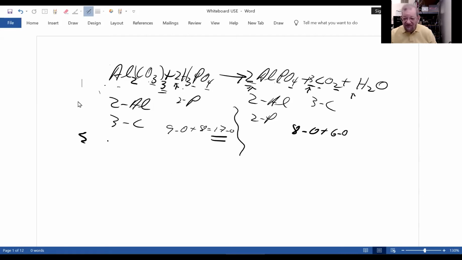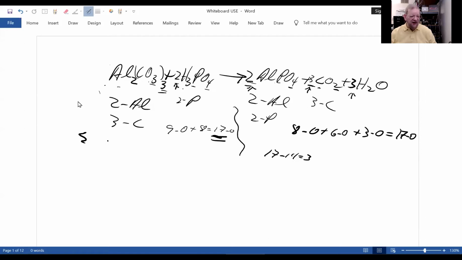Oh, look, in front of water there's a 1 there, but I can change that. I have 14, I want to get to 17. 17 minus 14 equals 3. So if I put a 3 there, I have my 17 oxygen.